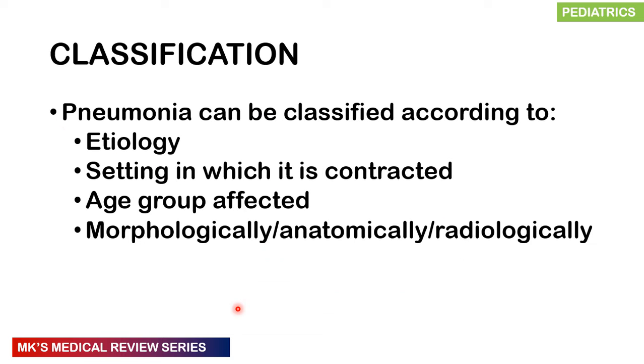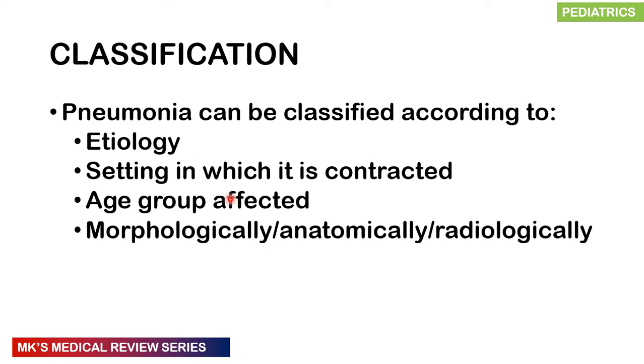How exactly do we classify pneumonia? Well, it can be classified into four main groups. We have classification according to etiology, which can be further subdivided into bacterial, viral, fungal, and you can classify it based on the setting to which it was contracted, whether it's community acquired, hospital acquired, or pneumonia in the immunocompromised.